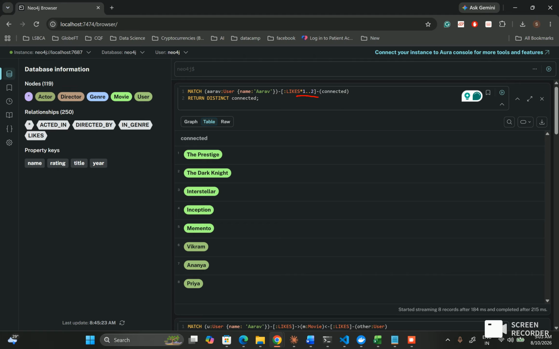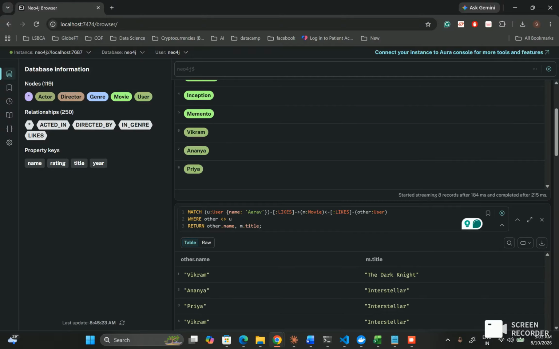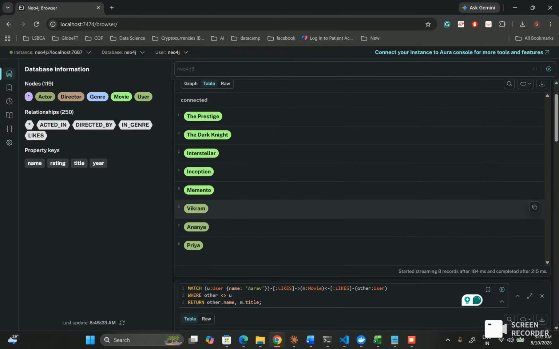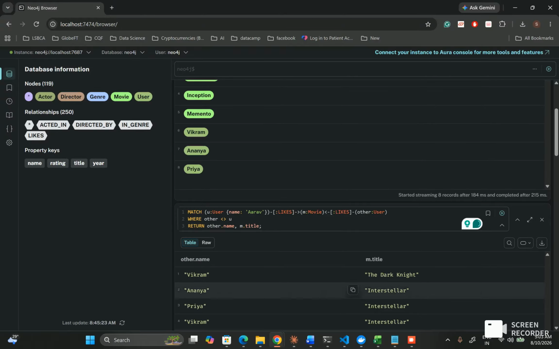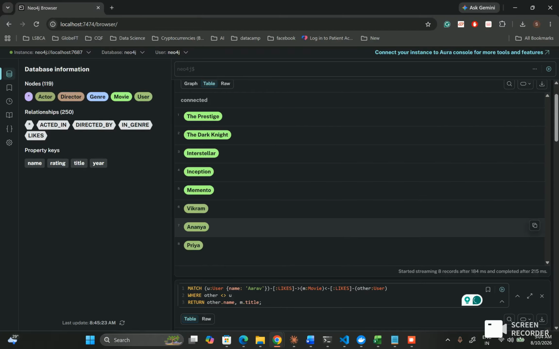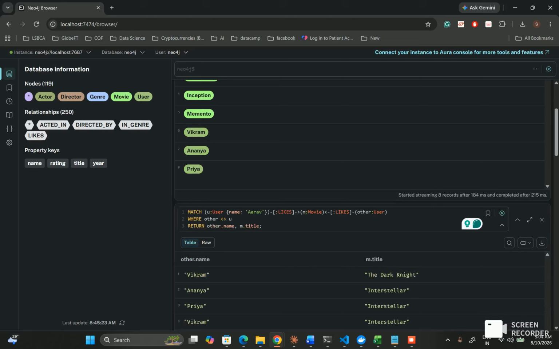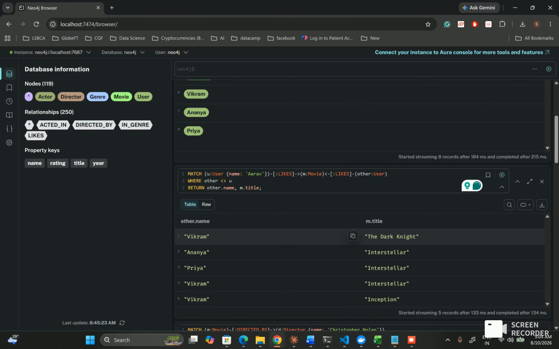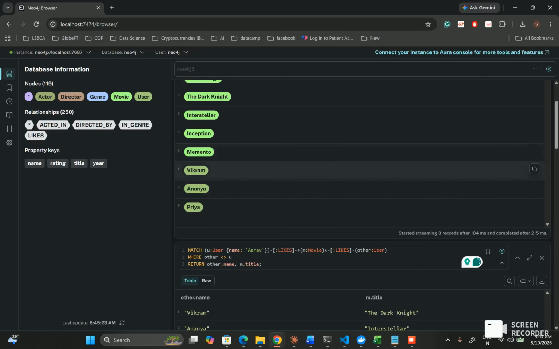One query and it returns Arav's own movies and other users who share them. Like in this case, Dark Knight: Arav likes, Vikram also likes. Interstellar was liked by Ananya, Priya, and Vikram too.